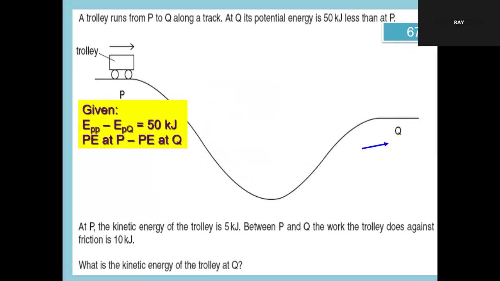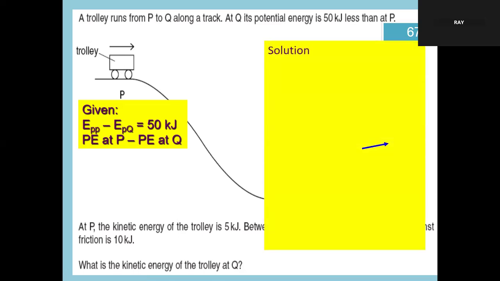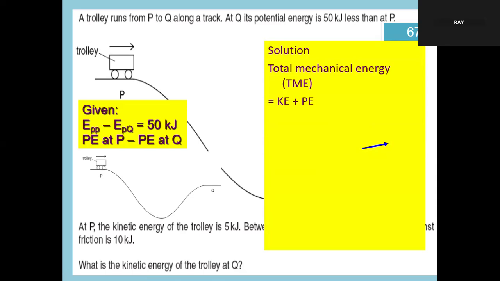Right, now what is given? Potential energy at P minus potential energy at Q is 50 kilojoule. Right? Total mechanical energy, kinetic plus potential.